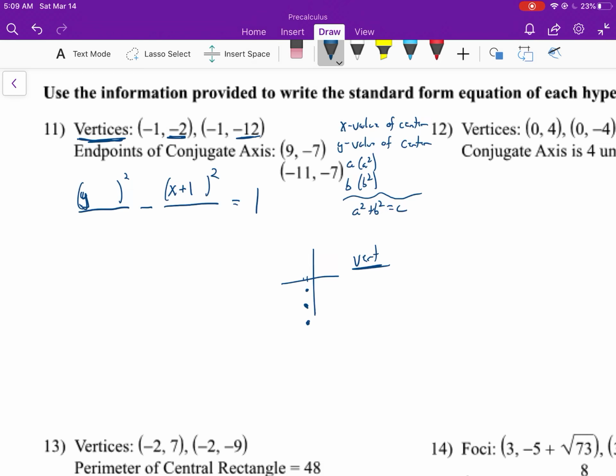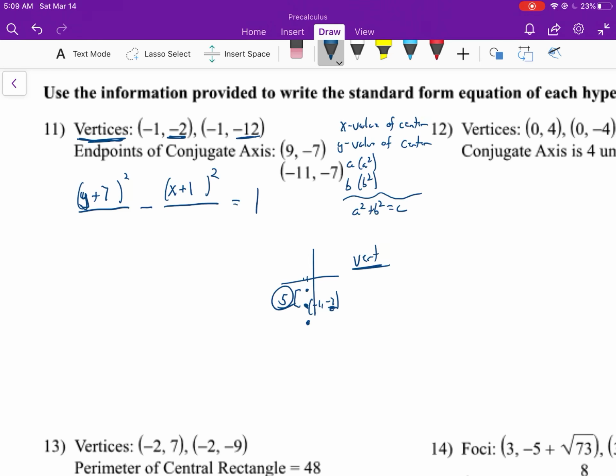Another way to think about that, from -2 to -12 is 10 units. So split that in half. That's 5 units, and that 5 is important. So this distance is 5. So this point has to be (-1, -7), which since it's down 7, we put a plus 7 in here. While we were doing that, we found this important value of 5.